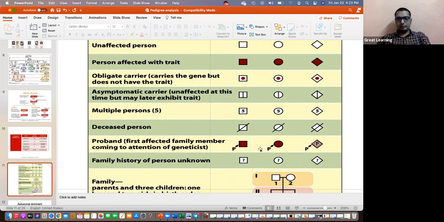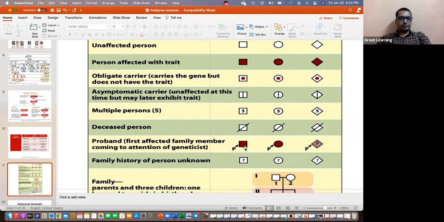This is something you study in the social part as well, right? Proband is the term you use there. Have you used the term proband in the social part? No. So what do you do? You put an arrow. A proband is a person who sought help. Is a person who is affected and went to a geneticist or genetic counselor for help.